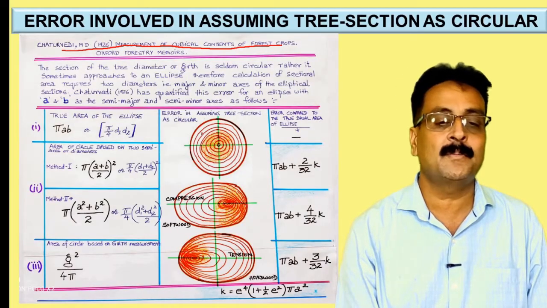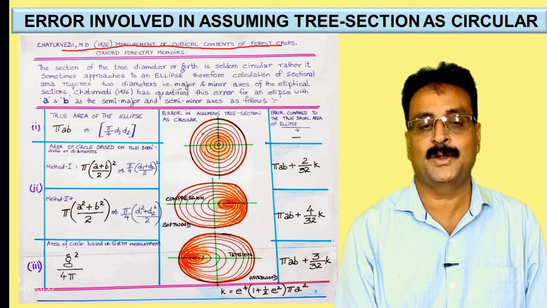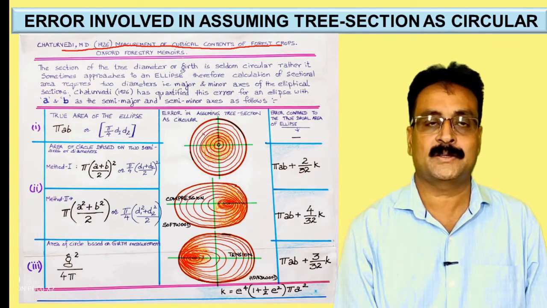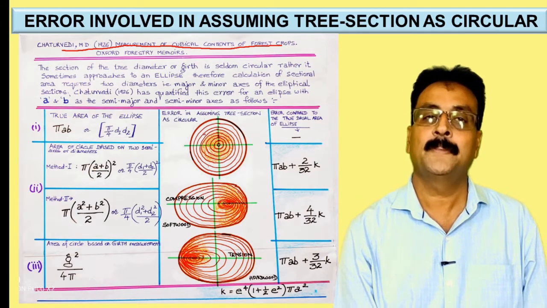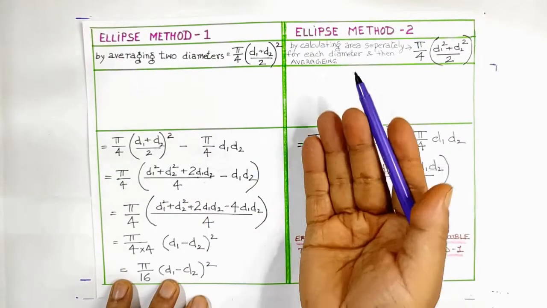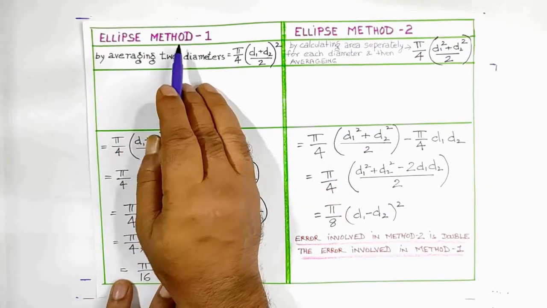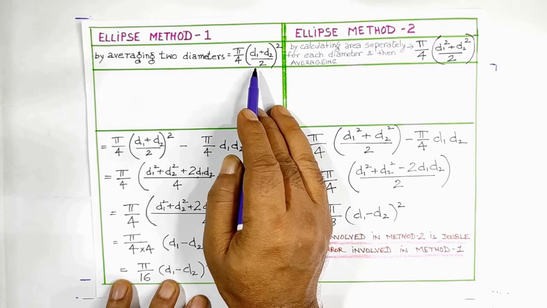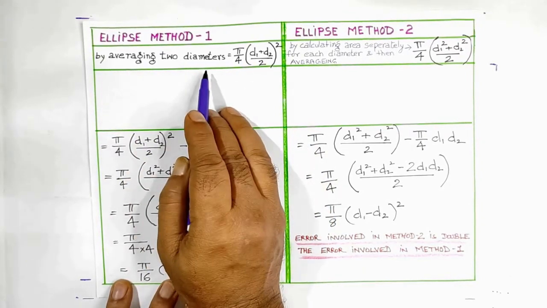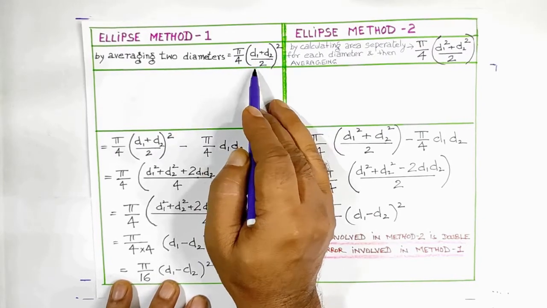So we'll discuss the key formulas and compare which is the best one to calculate the cross-sectional area, because cross-sectional area will let us know about the volume of a tree. In ellipse method 2, the error is double. In ellipse method 1, the formula as we have seen, by averaging two diameters, is pi by 4 times (d1 plus d2 divided by 2).